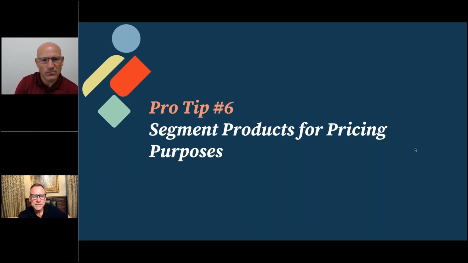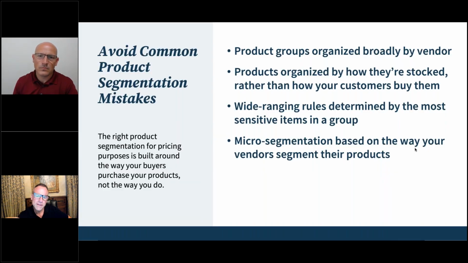Tip number 6 is really just like we don't want to peanut butter across customers, we also don't want to peanut butter across the line card. So if we've got 50 or 100 vendors, we've got 1,000 different sell groups, we really have to understand the market sensitivity of the different sell groups that we have.